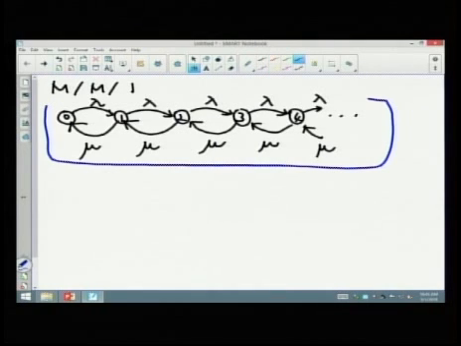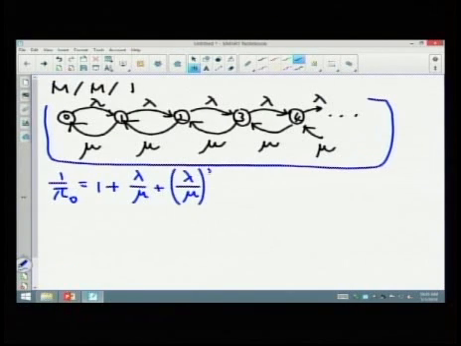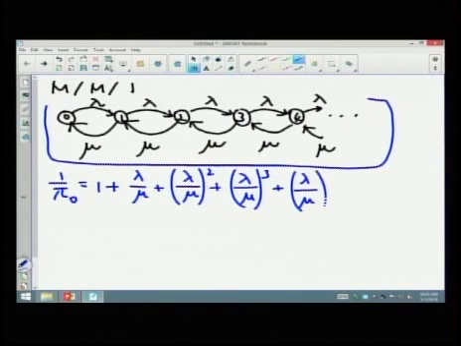So what is that? Do you remember? It's going to be 1 over pi 0 equals 1 plus lambda over mu, plus lambda over mu squared, lambda over mu cubed, lambda over mu to the fourth power, and so on.